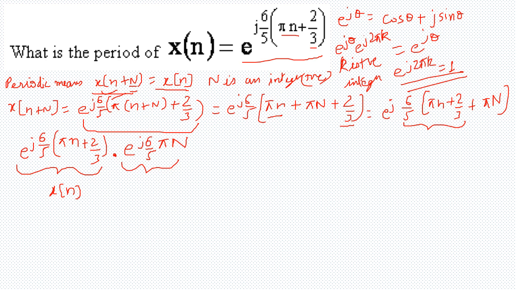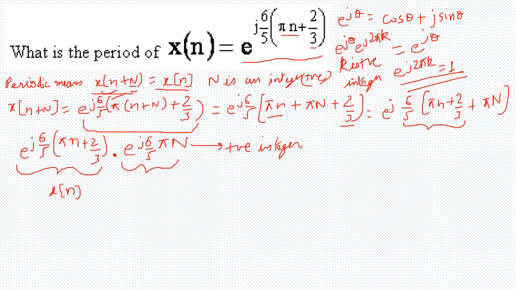If we are able to make it 1 for some positive integer value of N, then we say that is the period. That should be the smallest N value, because it can also be a multiple of that small value. So we have to find the smallest N which can make this go away, which means make it 1.